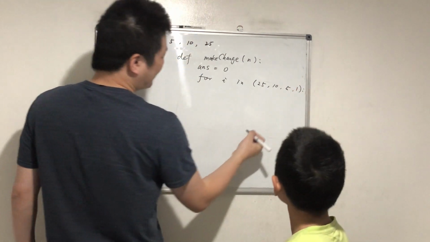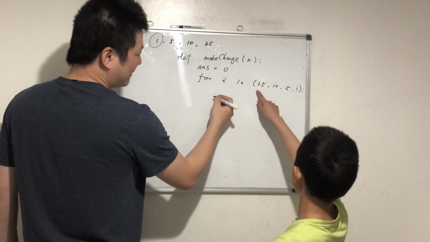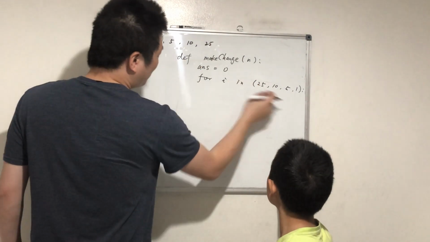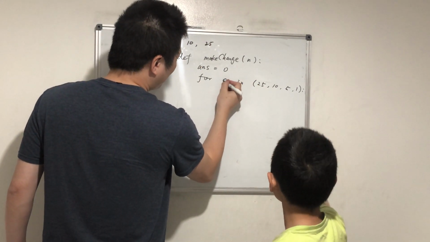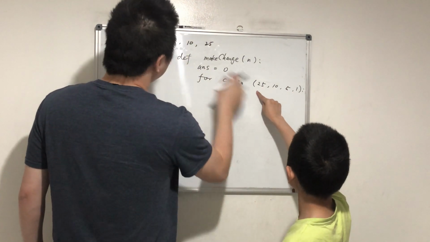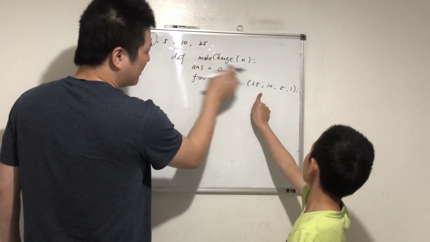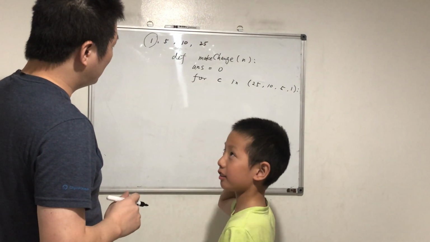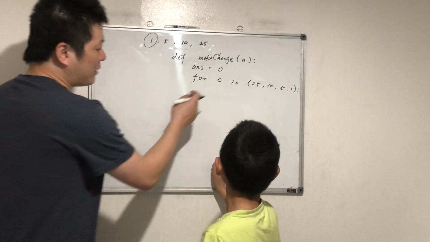Does it have to be these ones? No, we know these 4 coins, but we are just trying. It doesn't have to be 1, 5, 10, 25.